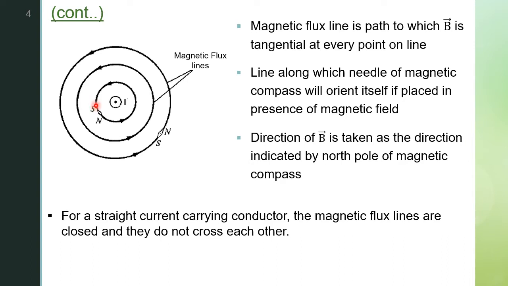These lines are always closed, and they won't cross each other, because they are concentric circles. At whichever point we measure, it will be a circular path. Here the current is outward, so the magnetic flux lines will be in the anti-clockwise direction.